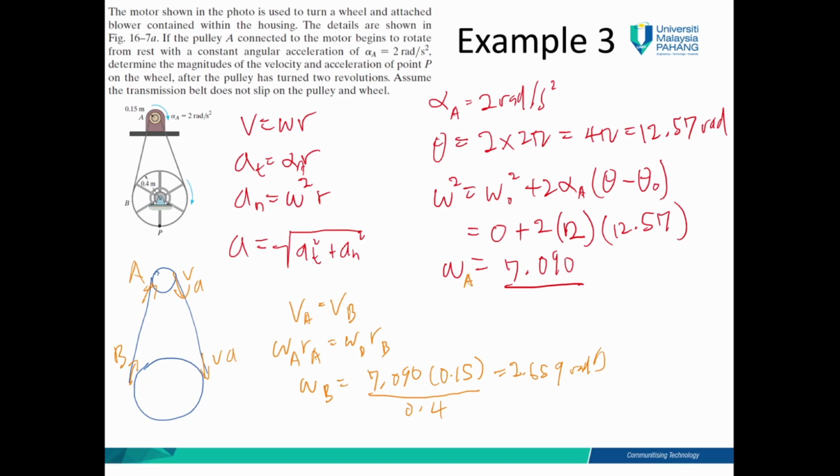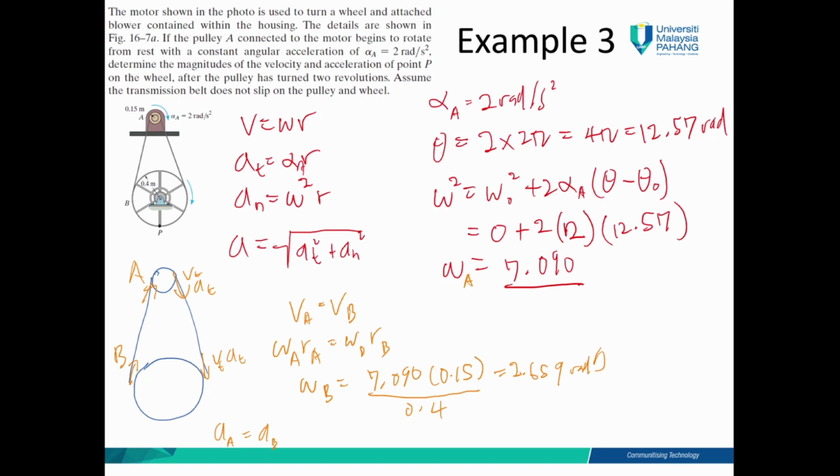Similarly, for acceleration, at A should be equal to acceleration at B. I'm sorry, this acceleration in this case is tangential. And velocity, of course, is tangential. You don't need to write tangential, but this is for tangential acceleration. So, what is the formula for tangential acceleration? The angular acceleration times the radius.